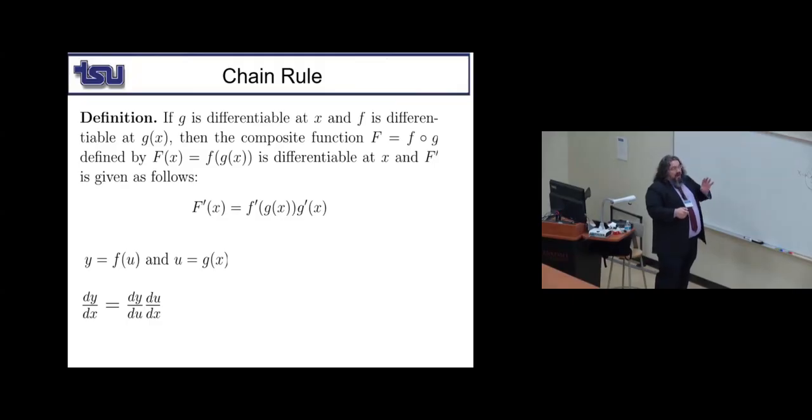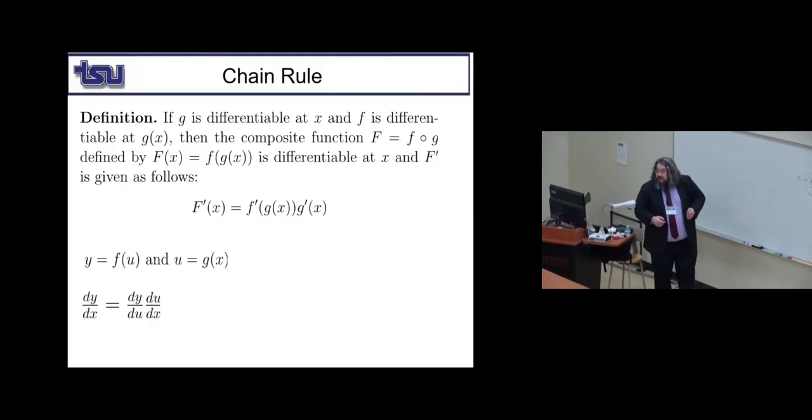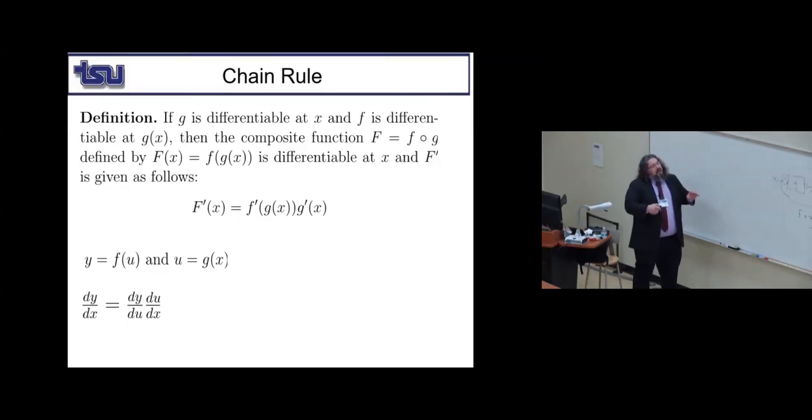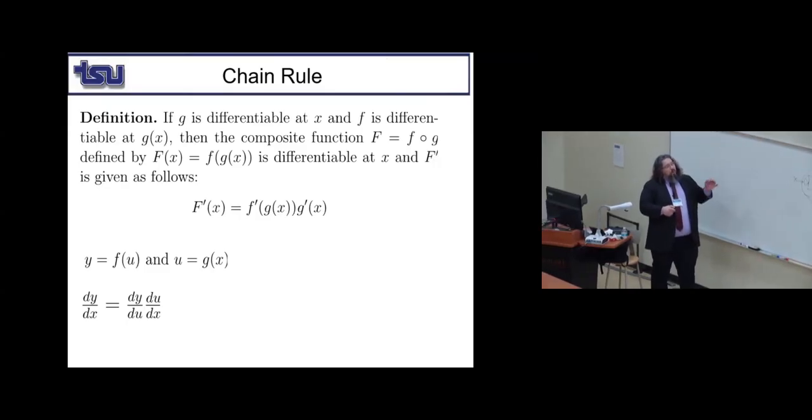This is easier to see, in my opinion, if we write it down, again, using the Leibniz notation. If we imagine that y is a variable, which is f of u, so y depends on u, and then u is a function which depends on x. Now, if I want to know how y changes when x changes, I need to first ask, okay, how does u change when x changes?